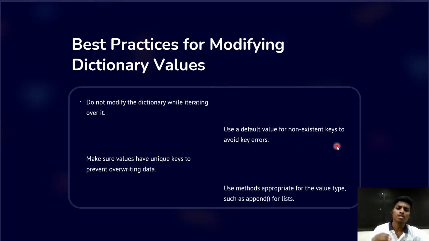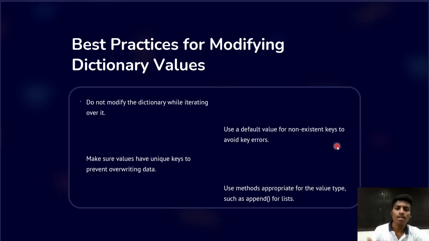When the keys are not existing, we must use a default value so that key errors do not occur. If we don't give the key value, we may get a key error.